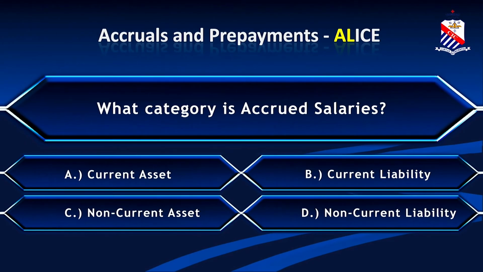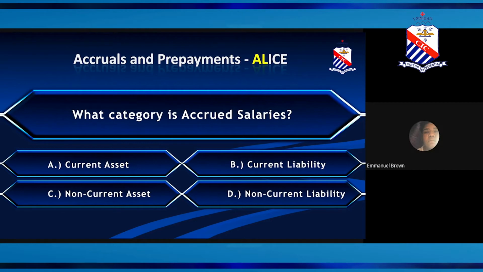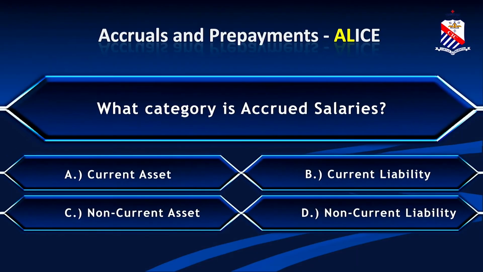What category is accrued salaries? Current liability. Yeah, current liability. Current liability. Current assets. Everybody said current liability except for one person who said current asset.